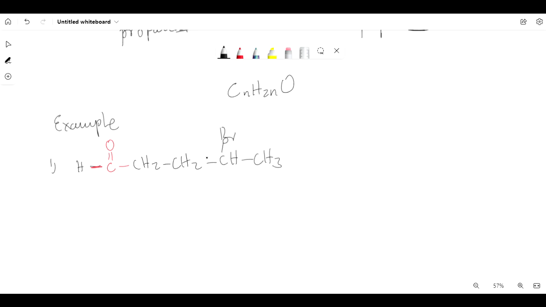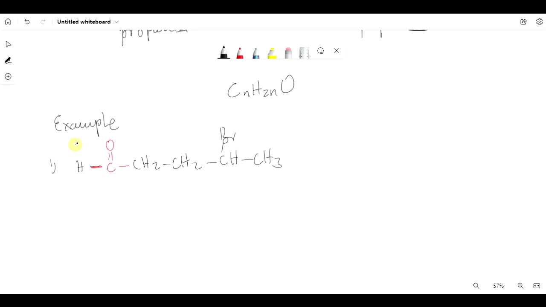So what molecule is this, under what name does it fall? My question is, if you look at this thing, look at the functional groups, look at the longest chain, 1 2 3 4 5. Which functional group does it have?